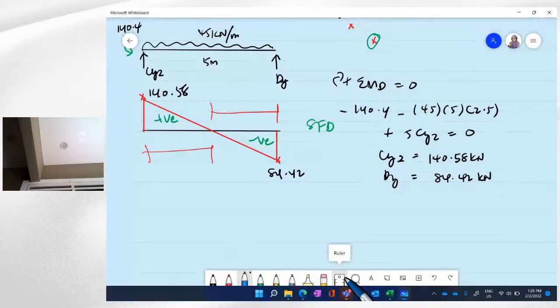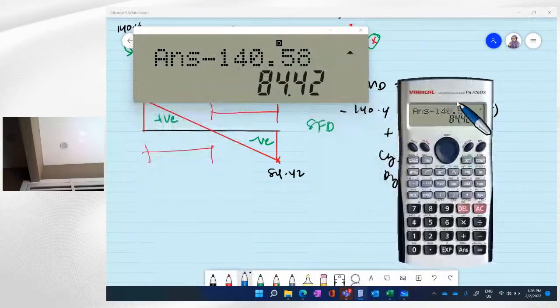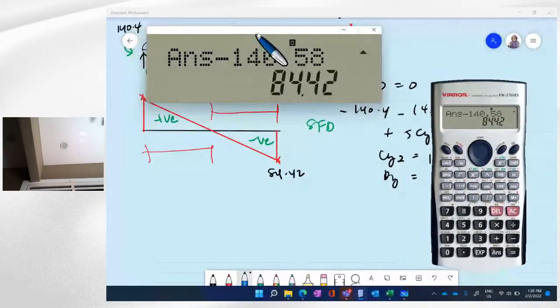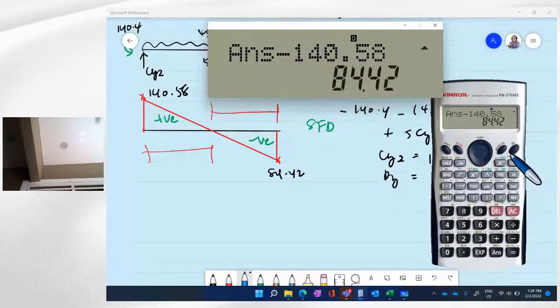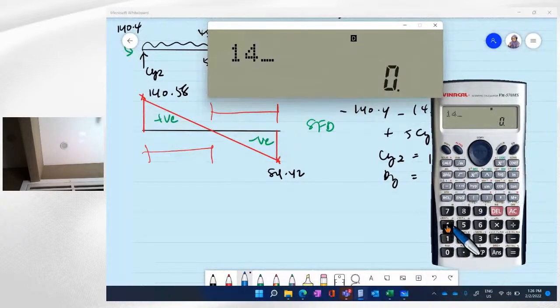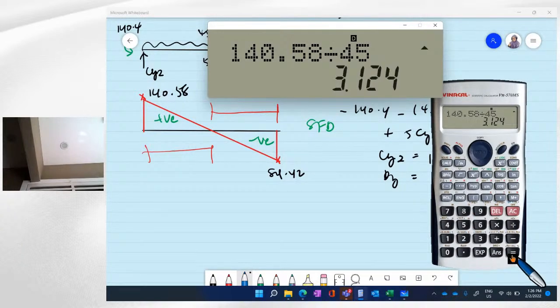The first distance is 140.58 divided by 45, so we get 3.124.